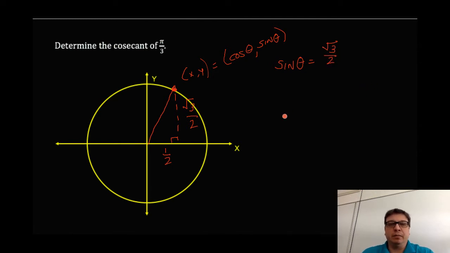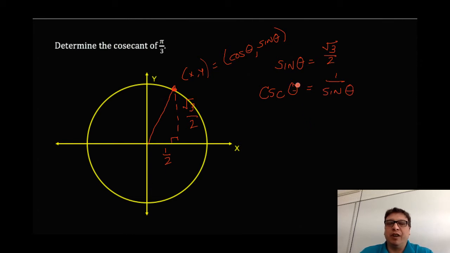Great, I'm not done though, because it's asking for cosecant. The reason I was looking at sine is because the reciprocal of sine is cosecant. So cosecant of theta is going to equal 1 divided by sine of theta.